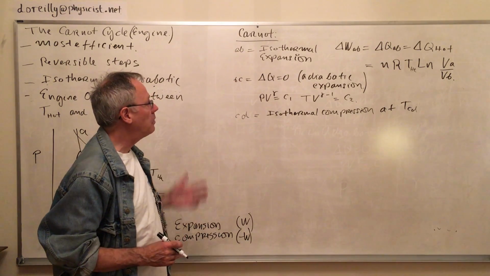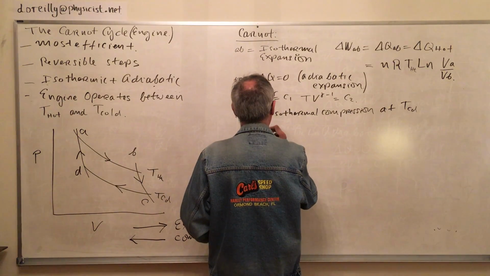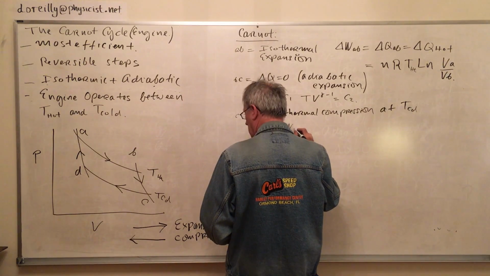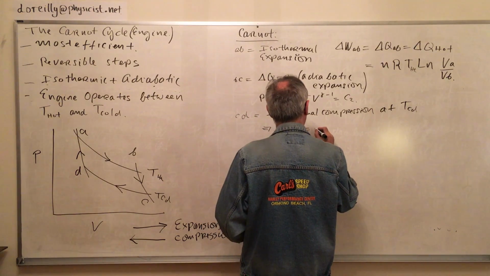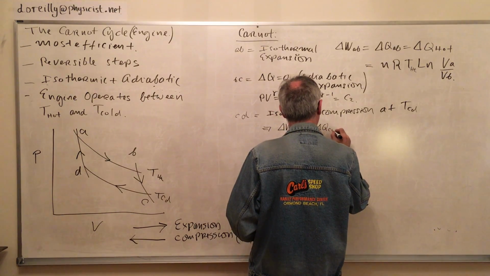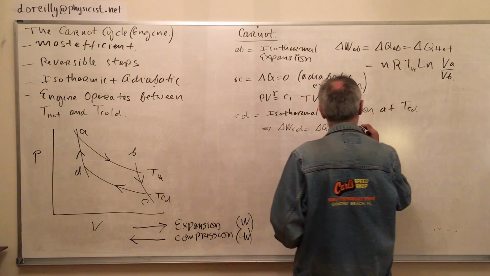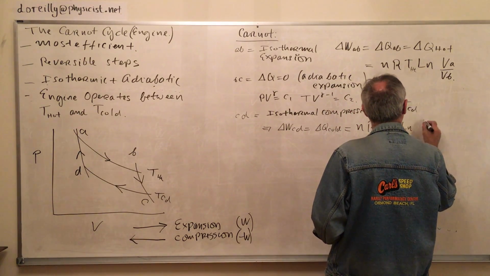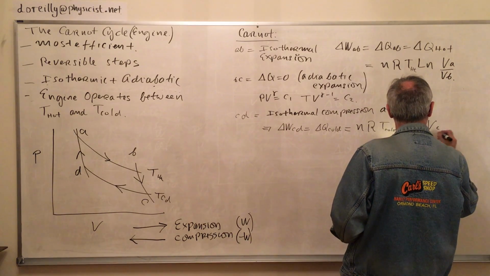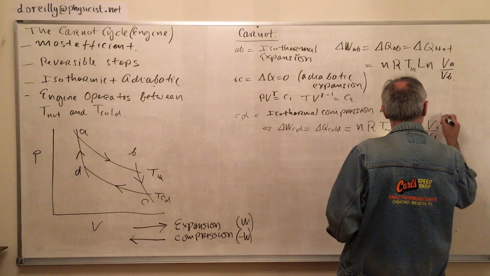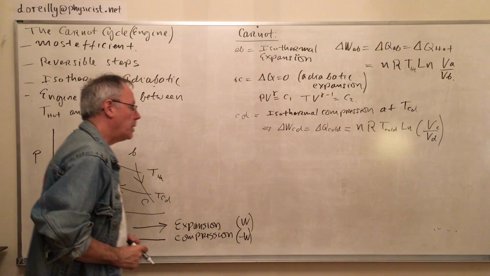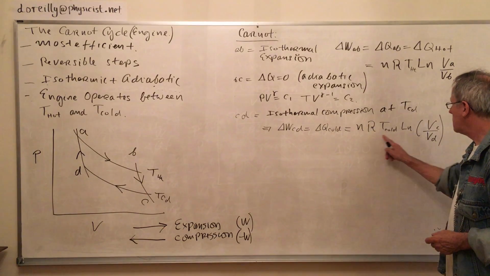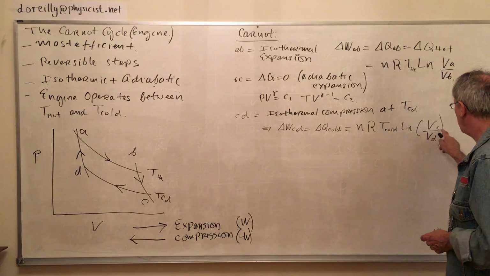Carnot chose the reversible processes. Now, we put in our formula. Delta Q cold, the work done, CD, is nRT cold log VD over VC.